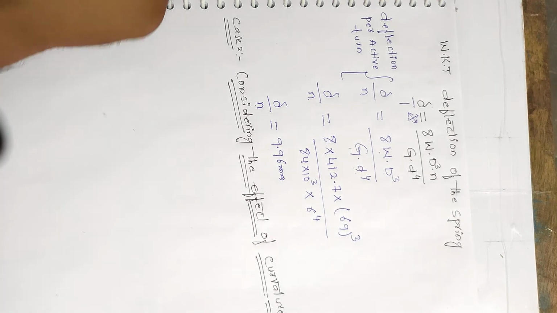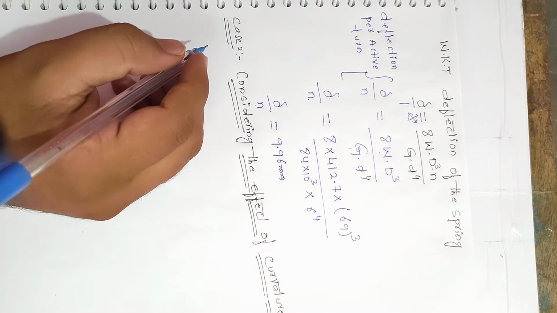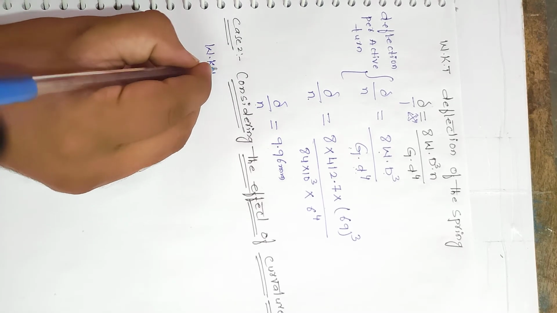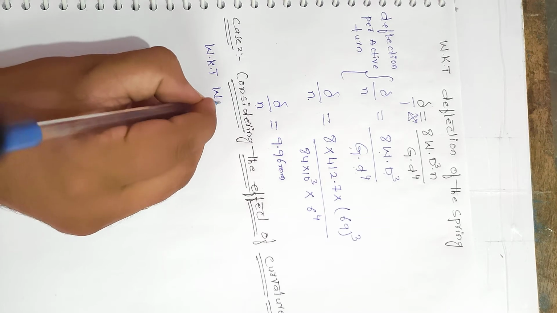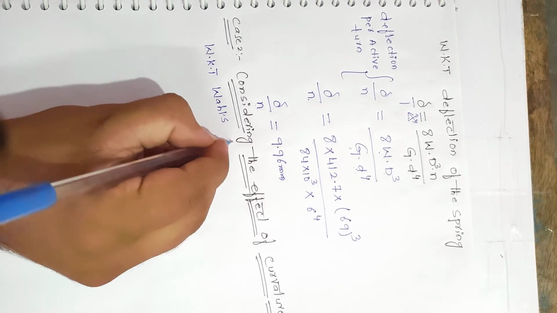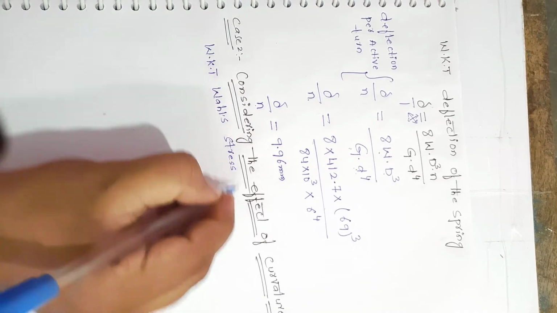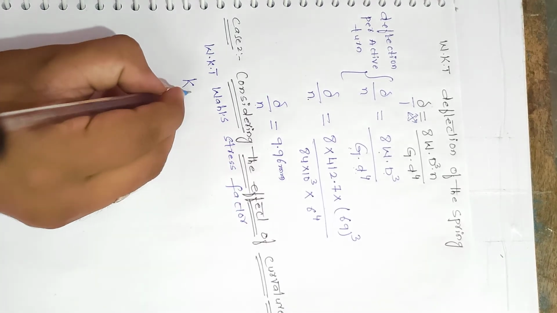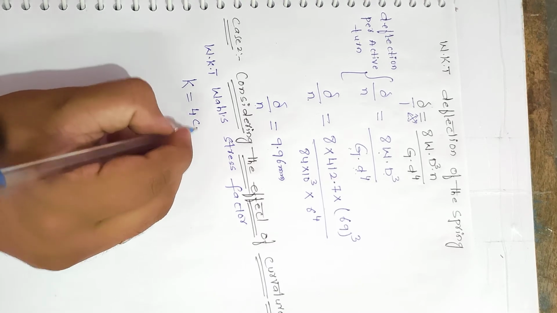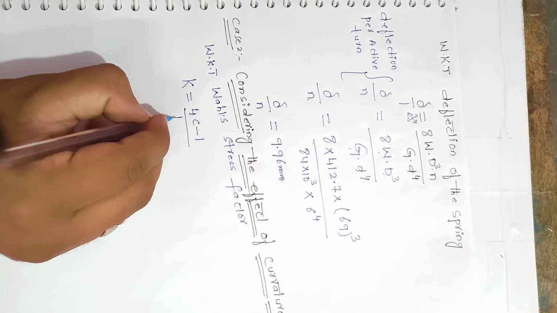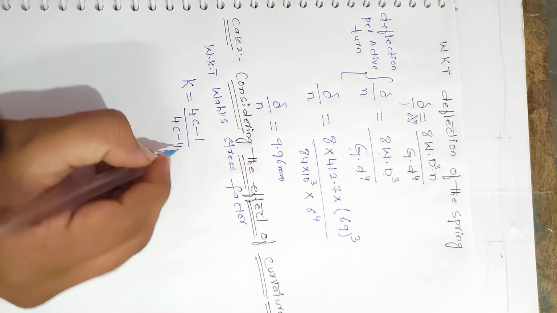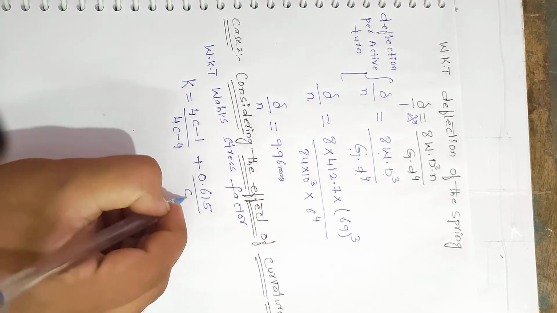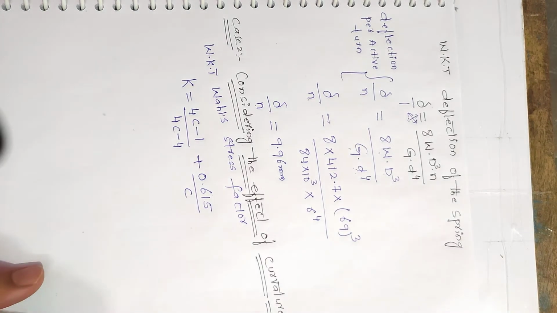Okay, so we know the formula of Wahl's stress factor, K equal to (4C minus 1) by (4C minus 4) plus 0.615 by C. Okay dear?